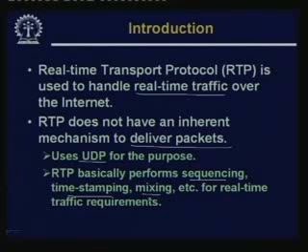Mixing, if there are several sources, it will be mixing them in a proper way, and there are some other things also, like if you want to move backward forward due to some reason. So, whatever real time traffic requirements are there, RTP tries to provide some service at the application layer level for that.